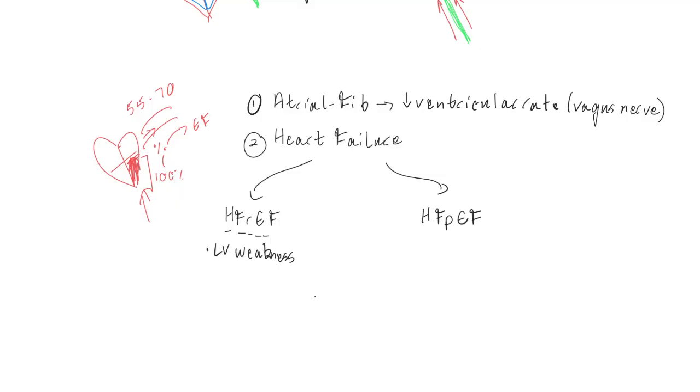Heart failure with preserved ejection fraction, the left ventricle is stiff, meaning it can't relax and fill up properly, which means less blood enters. There's decreased compliance. Maybe it's thickened, whatever the case might be. And we can have a normal ejection fraction, a normal percentage. So here's the heart. And let's say because my left ventricle is so stiff, it only fills up that far. And that's 100% of the volume in the heart.